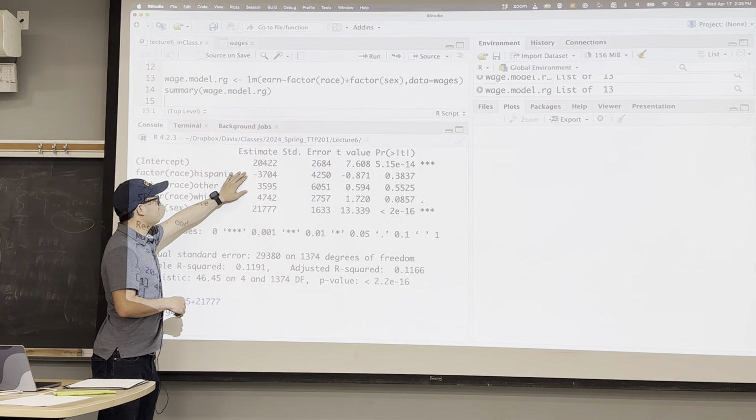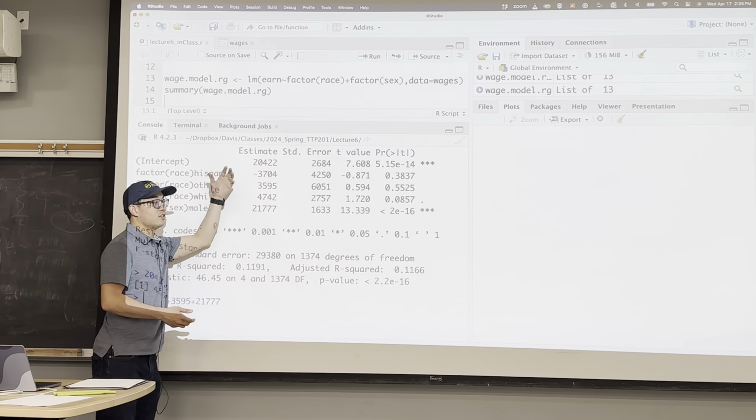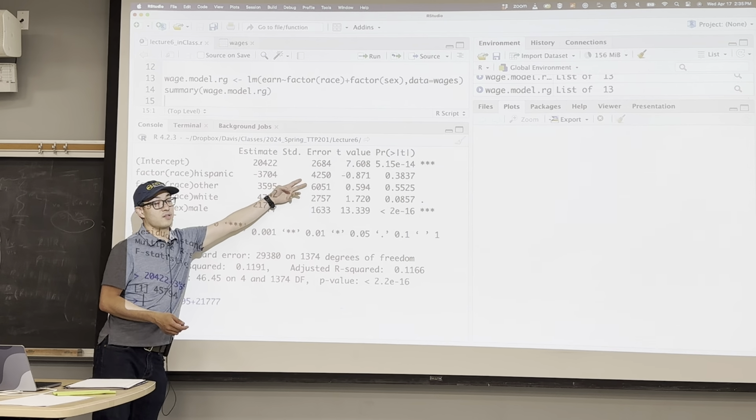And in fact, we can see that if you're black, if you're Hispanic, or if you're other, there's no statistical significance in these ones. So the income differences between those 3 races are, I shouldn't say likely, they are not statistically significant. But if you are white, it is significant to the 10% level. Okay.